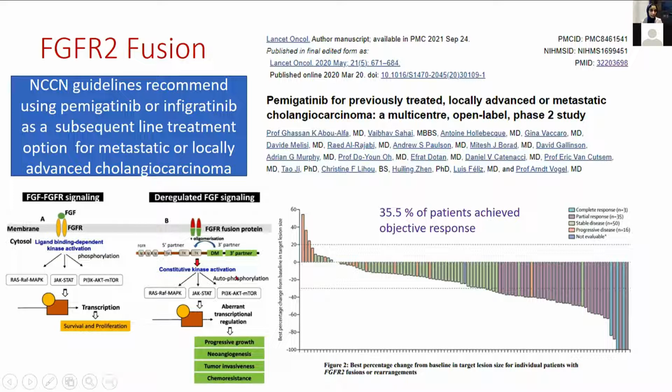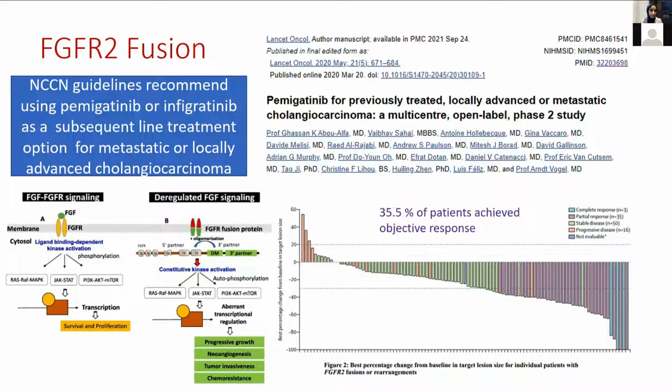The mechanism of which is that the FGFR 5' end, which contains the tyrosine kinase domain, can fuse with other partner genes, and this fusion leads to constitutive activation of downstream signaling, leading to progressive growth, tumor invasiveness, and also chemo resistance.